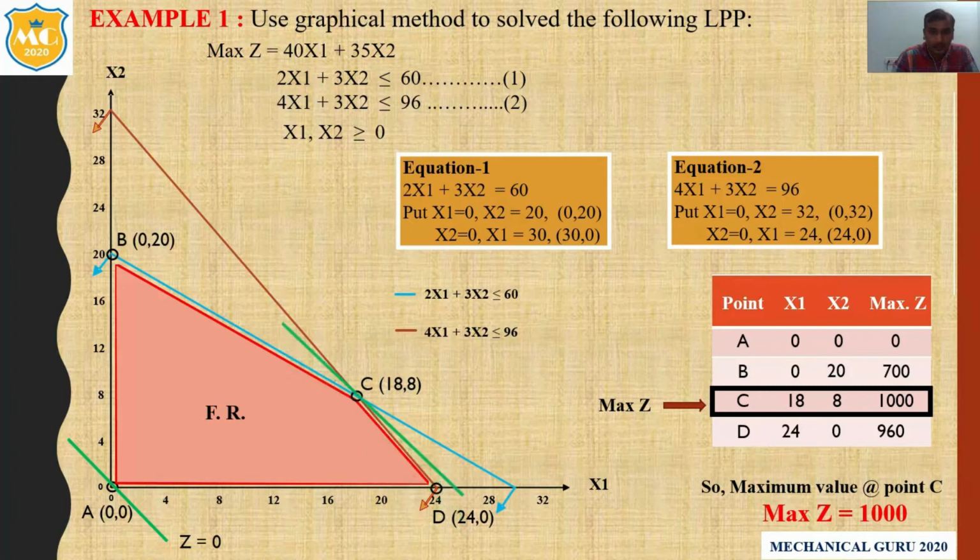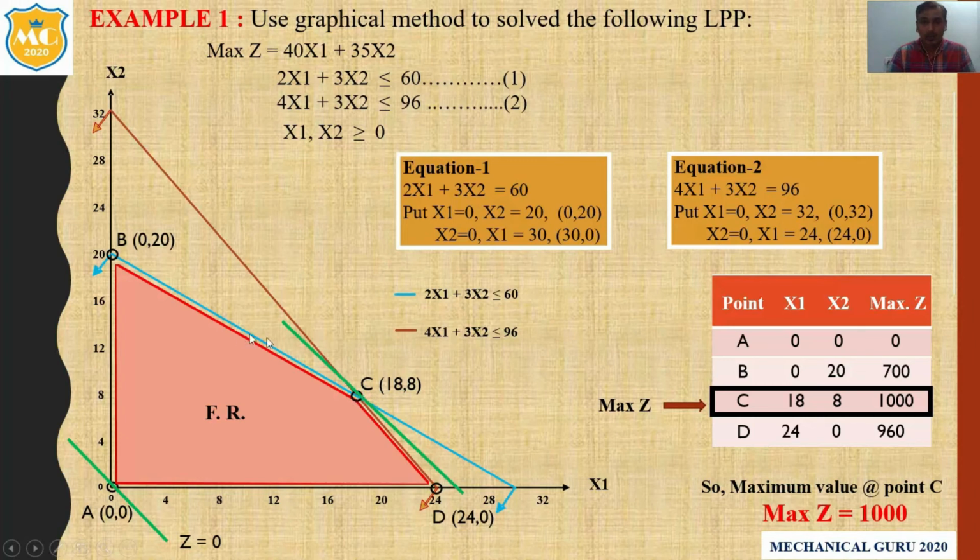In this way the furthest ISO profit line may intersect at one corner point, providing a single optimal solution. So this is the optimal solution as per the ISO profit line.